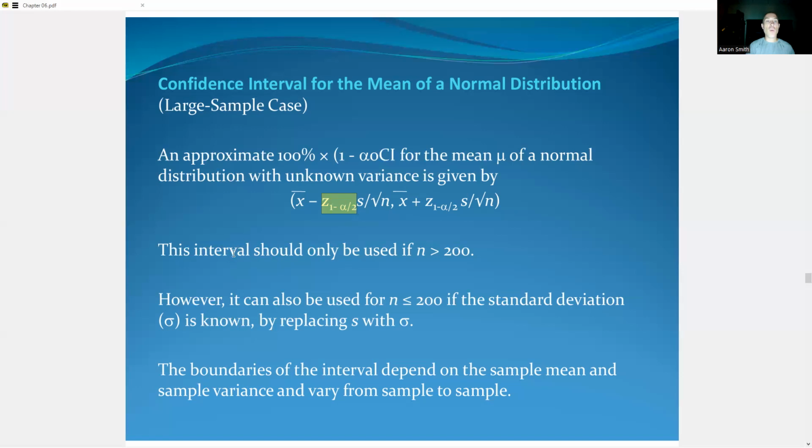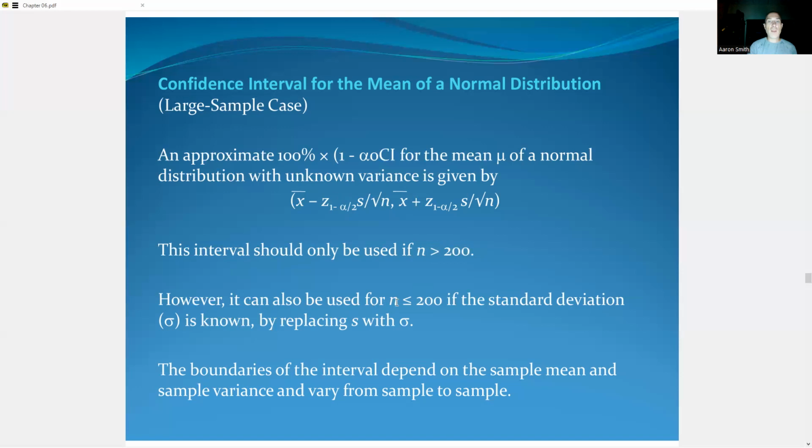This author says the interval should only be used if n is greater than 200. Just to let you know, when I was an undergrad, I was told 30. So that's a kind of a big difference, but whatever. Honestly, with modern computers, you should be using the T distribution if you can. Some problems you can't. If you can't, use the normal approximation.